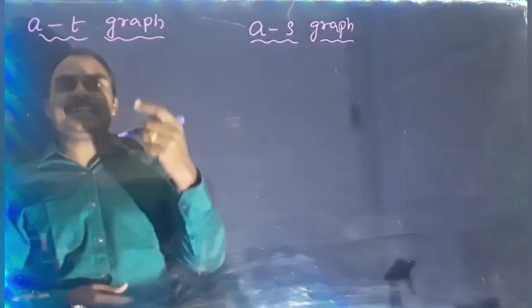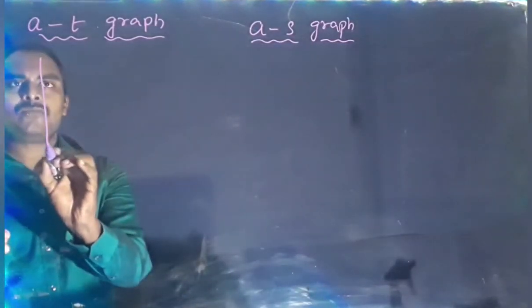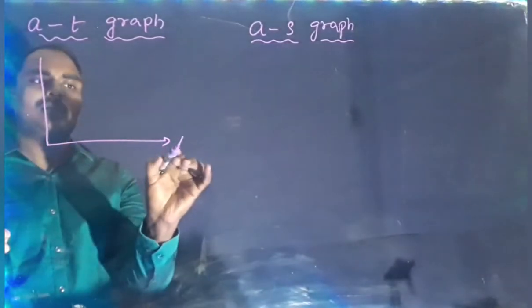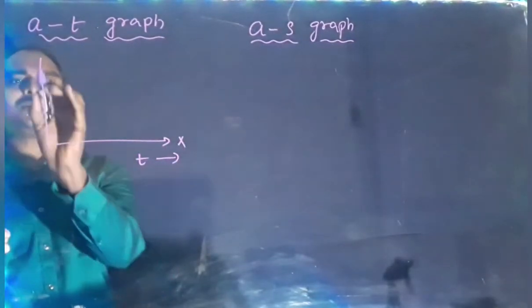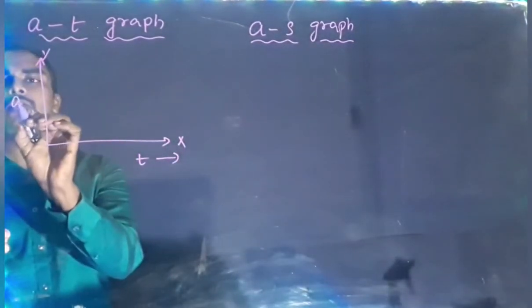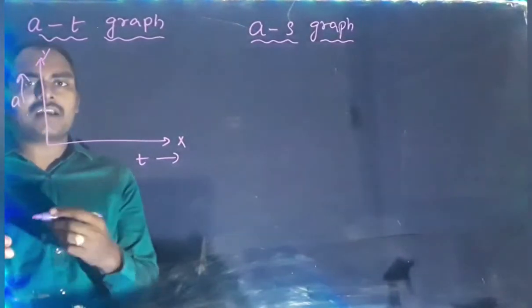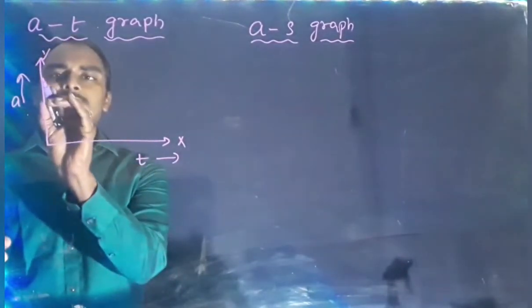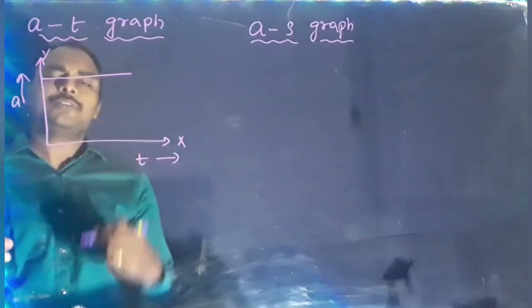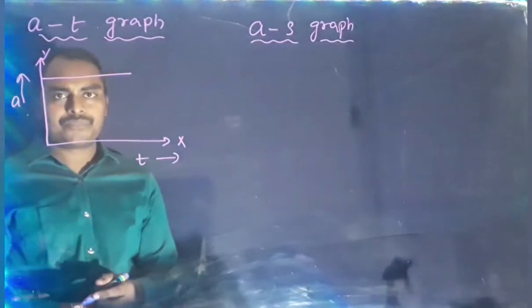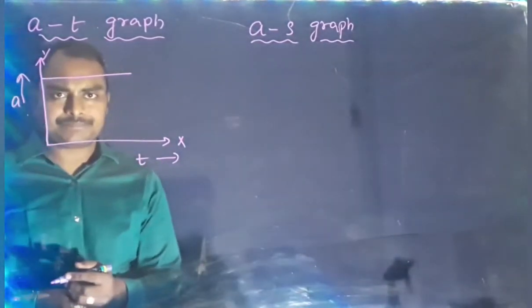Next, AT graph. Acceleration is taken on y-axis, time is taken on x-axis. Now, if the graph is a straight line parallel to time axis, acceleration is constant.